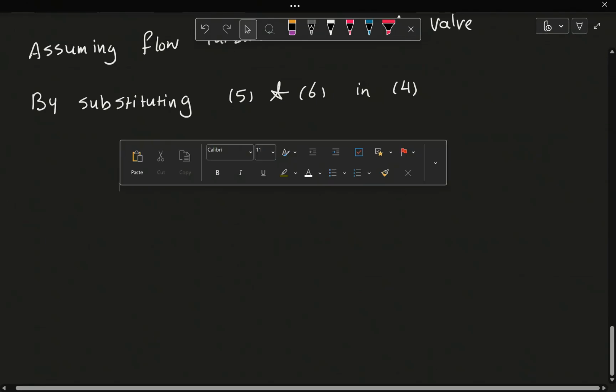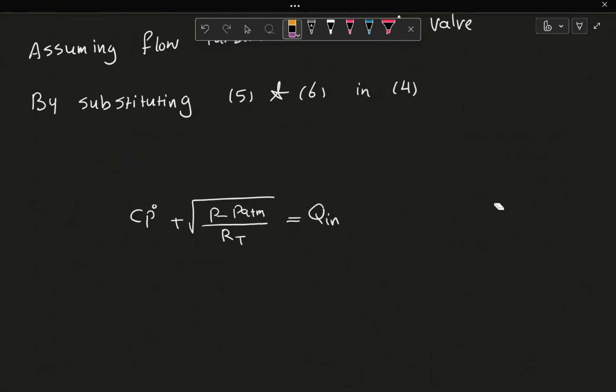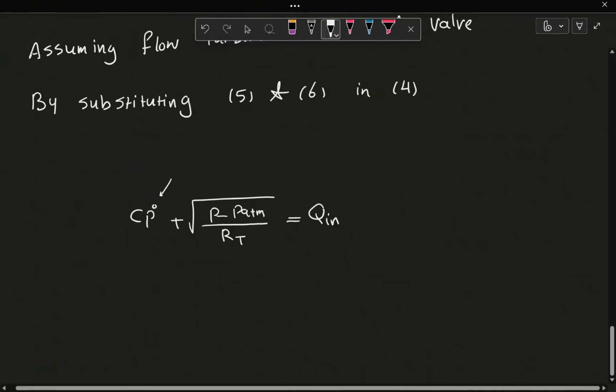Let me just rewrite equation 4 here. That's your equation 4. And in this equation, instead of P dot, we're going to put rho GH dot. Instead of P here, we're going to put rho GH plus P atmosphere.